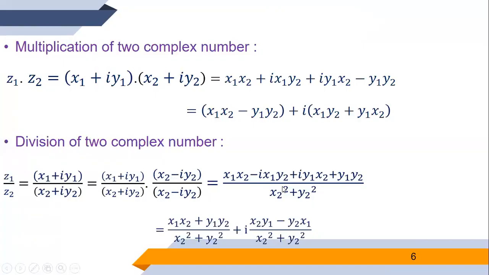So the denominator does not depend on a complex term, that means there is only the real part. So we convert to the form x1 x2 plus y1 y2 divided by x2 square plus y2 square, plus i times x2 y1 minus y2 x1 upon x2 square plus y2 square. So this is the division of two complex numbers.